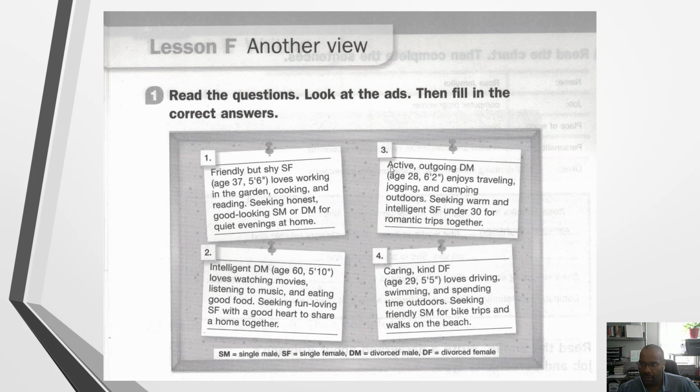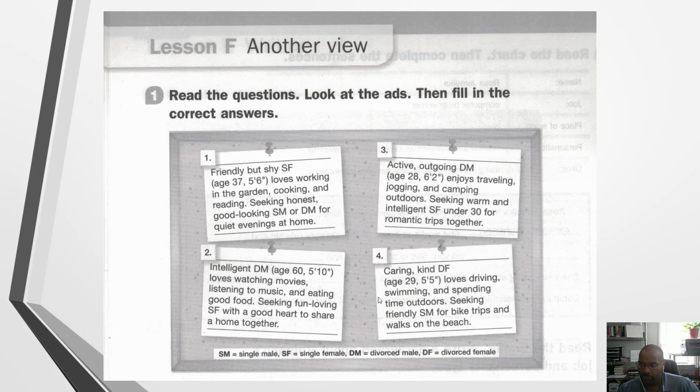Number 3. Active, outgoing DM, or divorced male, age 28, 6'2", enjoys traveling, jogging, and camping outdoors. Seeking warm and intelligent SF, which is single female, under 30, for romantic trips together.